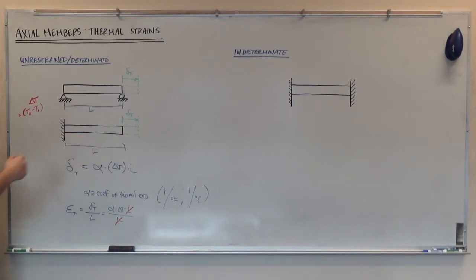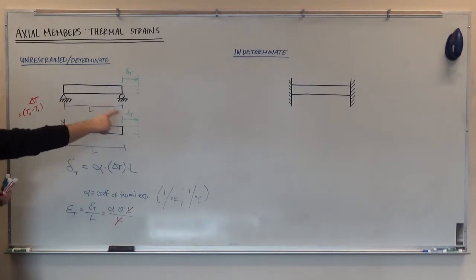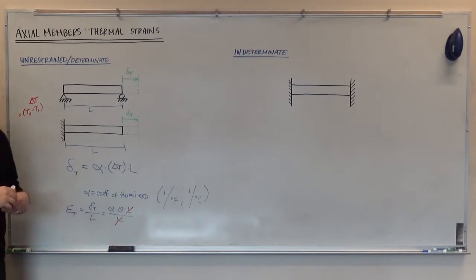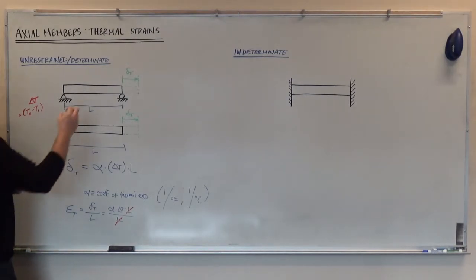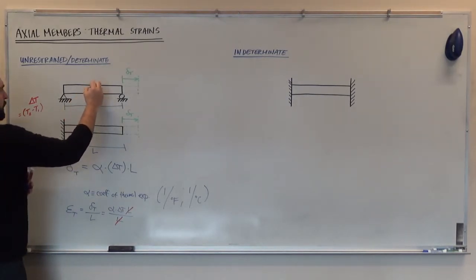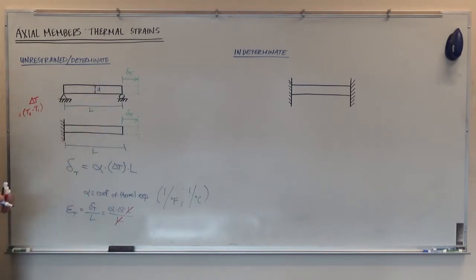One more thing before we get to the indeterminate structures is that in addition to calculating the change in length, you might be interested in calculating the change in width. So here I'm just going to call the depth of this beam lowercase d.